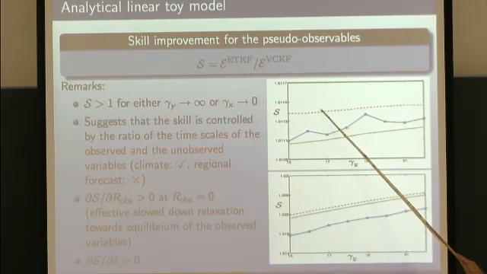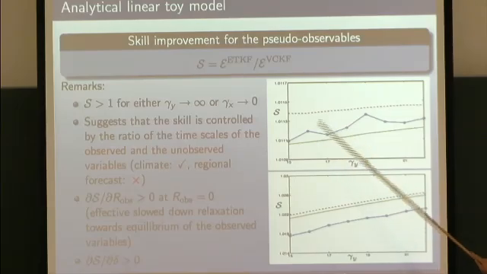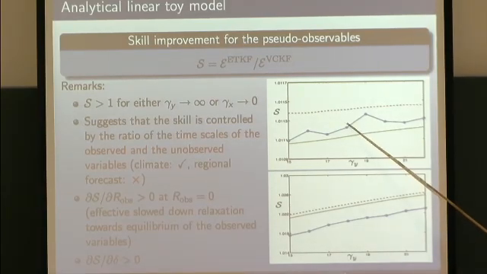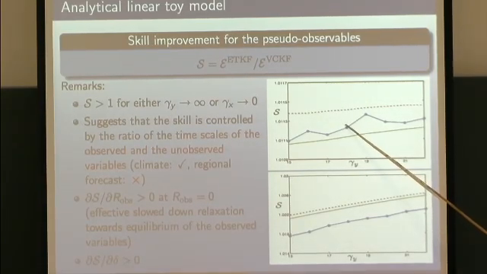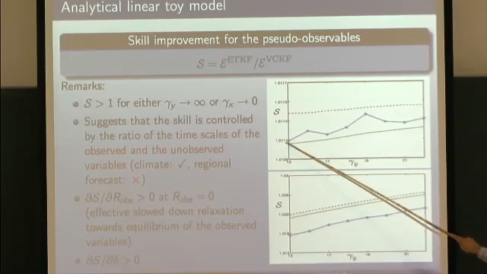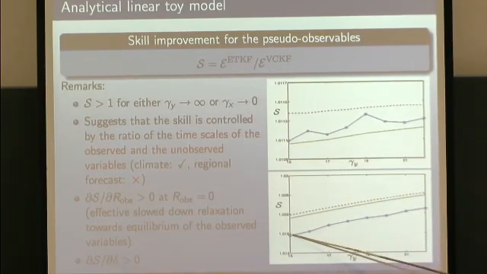These are theoretical estimates, and these are our numerical data if we actually perform the Kalman filter, as a function of gamma y. Gamma y is the decay rate of your fast variable. This is without variance inflation, and this is with variance inflation. So this is 1.01, and this is 1.014, so there's an increase.